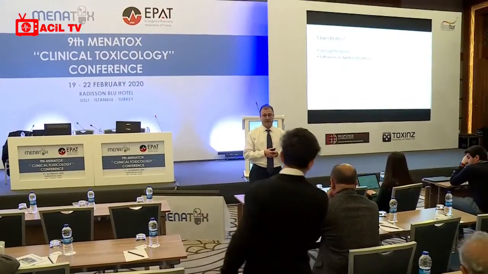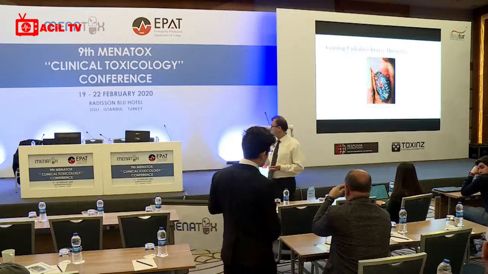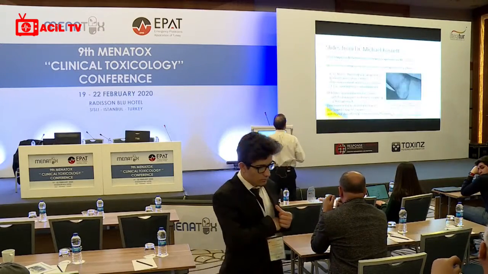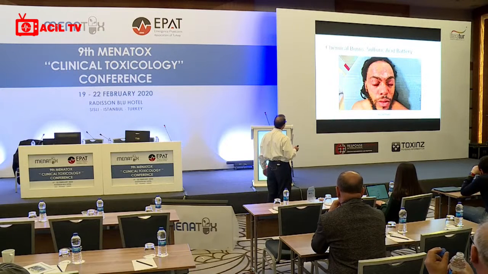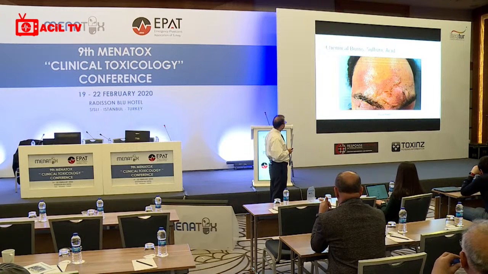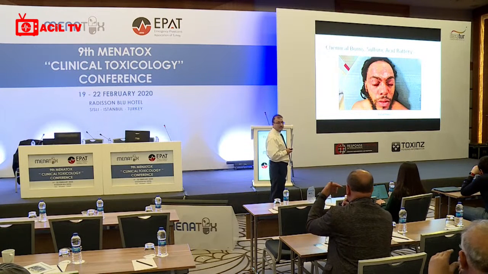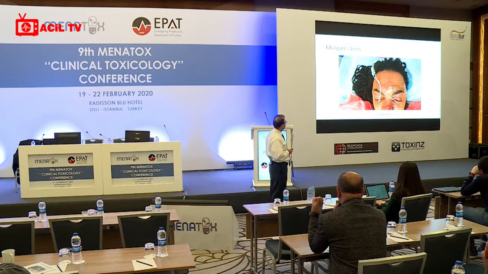The picture for sulfuric acid, yes. Show it for me, please, sir. The previous one. There's a tube inside the eye. This is for water irrigation? Oh, you mean this one? Yes, this one.